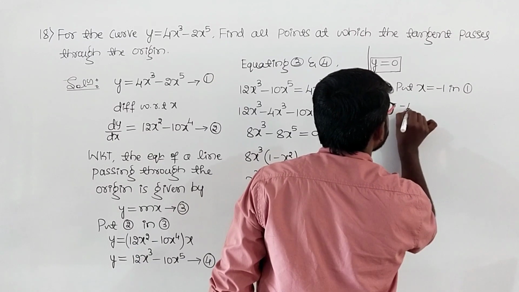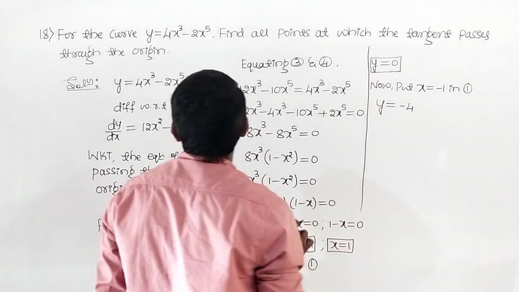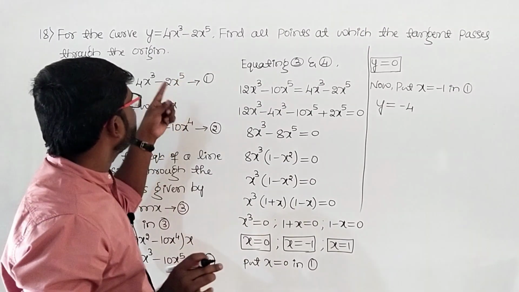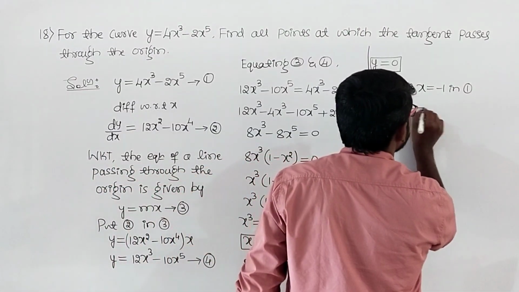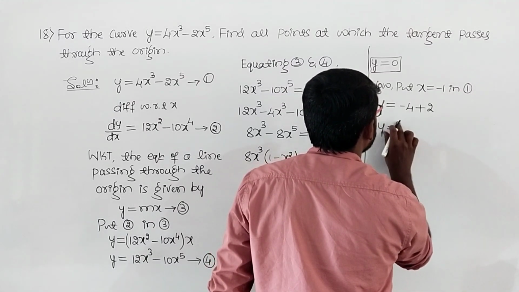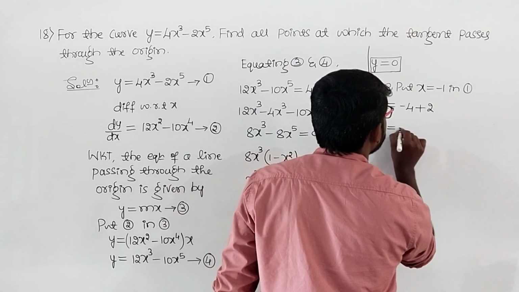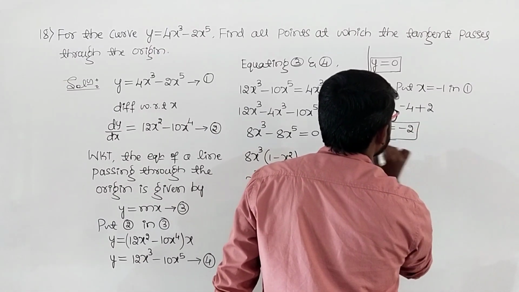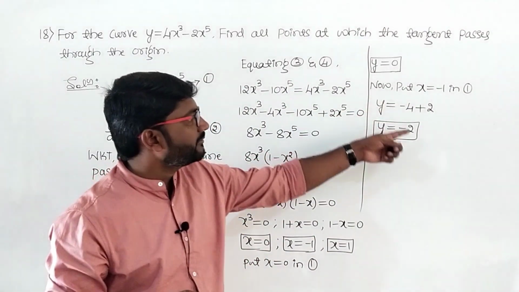So you get minus 4 and then here minus 1 to the power 5 is minus 1, minus into minus it is plus, you get plus 2. Then y is equal to minus 4 plus 2 means it is minus 2. So we have got y as minus 2. When x is minus 1, y is minus 2.